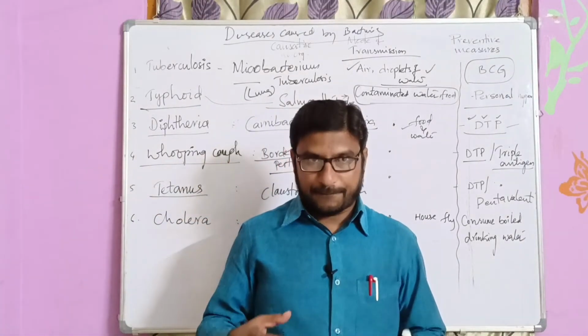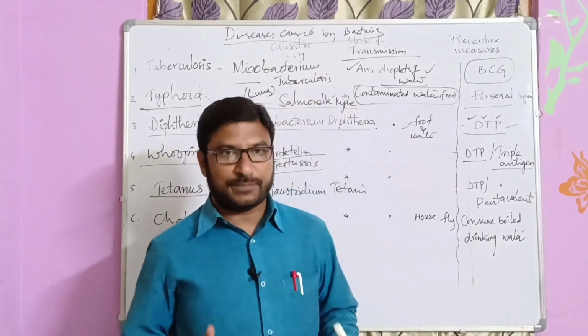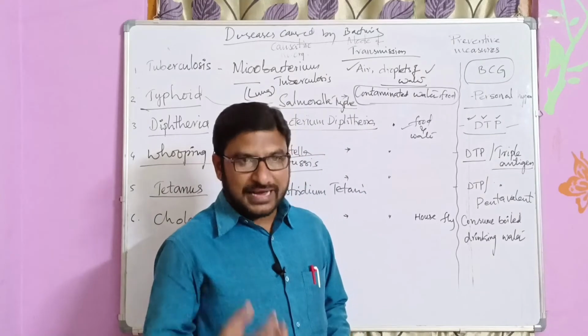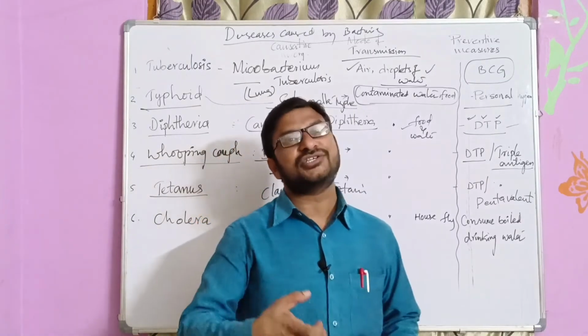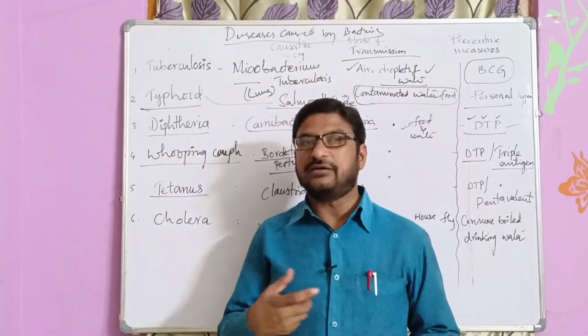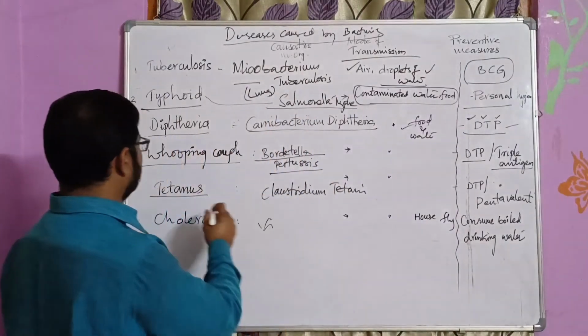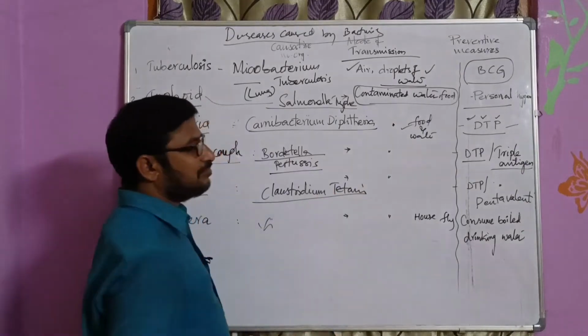Whenever we play, or if we get any injuries, the bacteria present in the soil enters our body. That is the main mode of transmission of this Clostridium tetani bacteria.